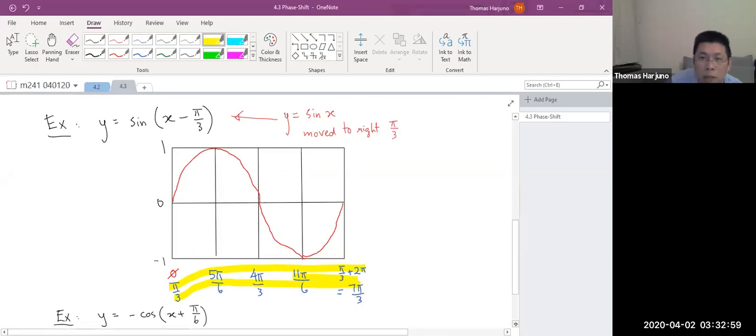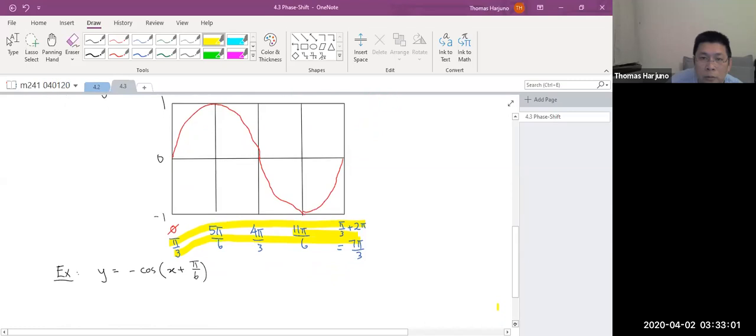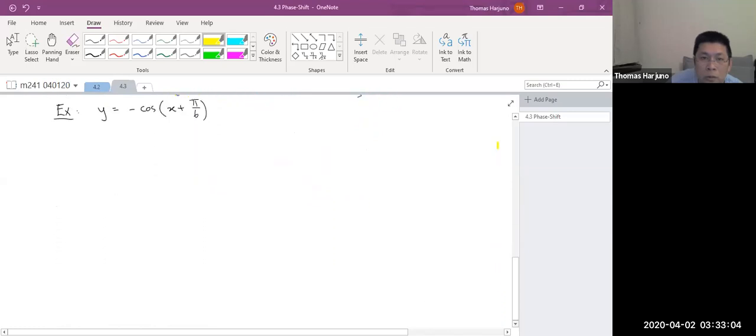Okay, let's see. The center is 0. The amplitude is 1. The maximum therefore is 1. The minimum is -1. The period is still 2 pi, right? Because the coefficient of x is 1, it's 2 pi over 1.